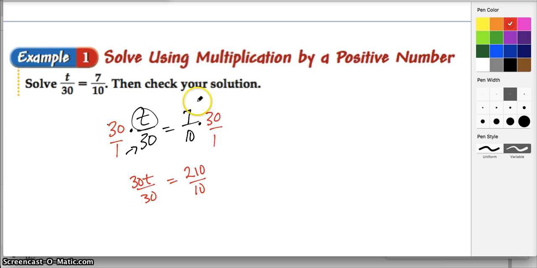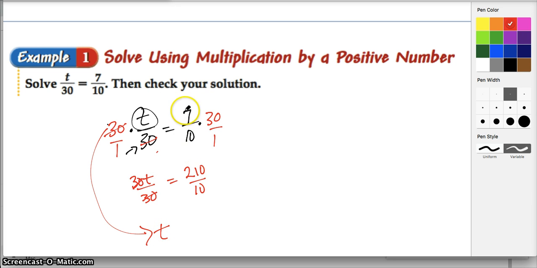However, most of the time when we multiply by 30 like we're doing here, we're doing it to get rid of the 30 in the denominator. So I wouldn't actually go from here to here. I'd actually just cancel it out and say, oh, I've got T. Now, if you went from here to here, you'd see that 30 goes into 30 and you still get T. So it's not a big deal.